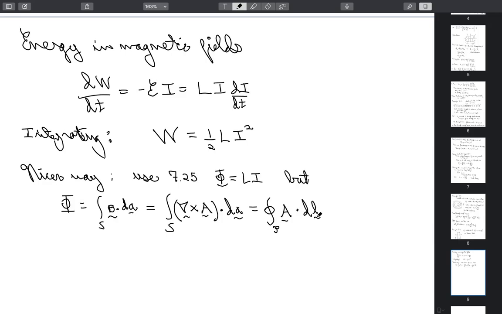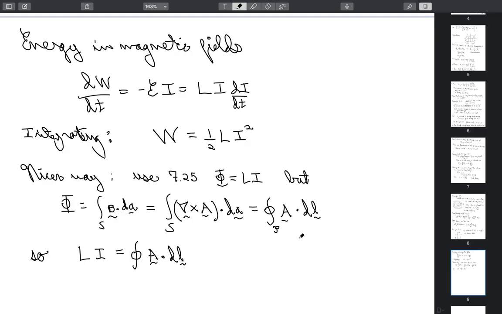Okay. So what that tells us is that L times I is just the integral of A dotted into dL over the path.